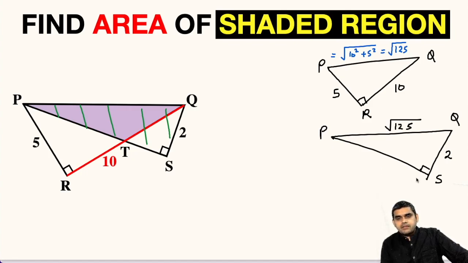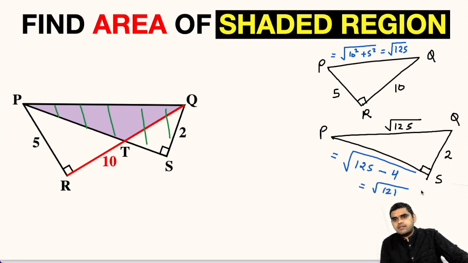Here PS is unknown, so side PS will be equal to square root of square of PQ, that is 125, minus square of 2, that is 4. So this will be square root of 121 or 11 units.